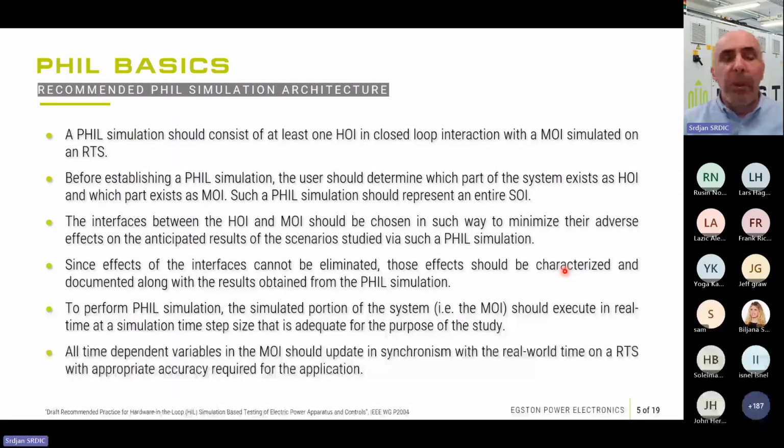And it's very important to choose the adequate time step of the simulations, which should be done synchronously. Another thing is that all those imperfections of the amplifiers themselves and of the measurement systems should be taken into account.